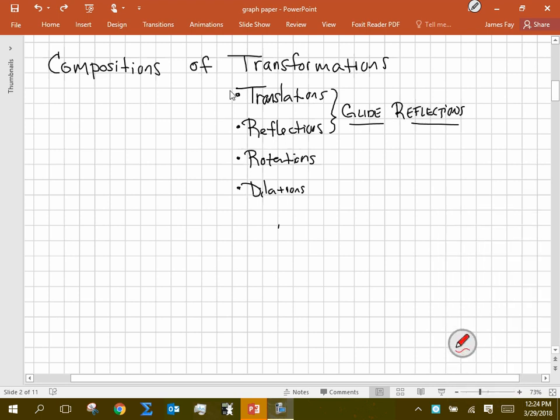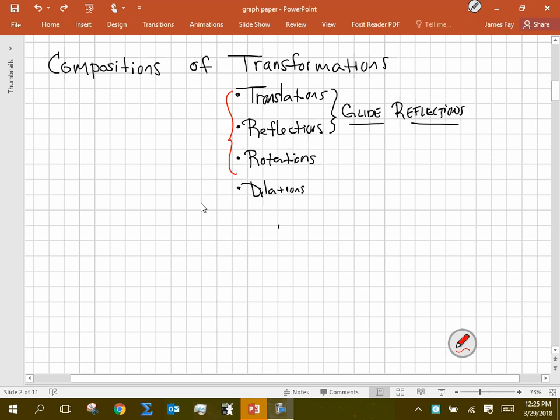A lot of the time, at least in Math Excel, those three get composed together a lot. Occasionally they'll throw a dilation in, but my thought is that in your homework you might not see any compositions with dilations in them. They put those three together because those three are all the rigid motion ones, the isometries.